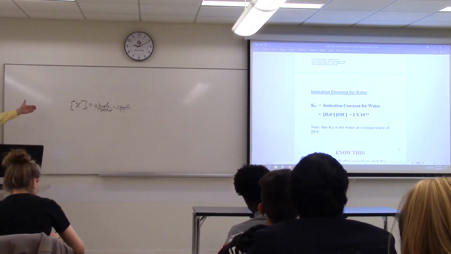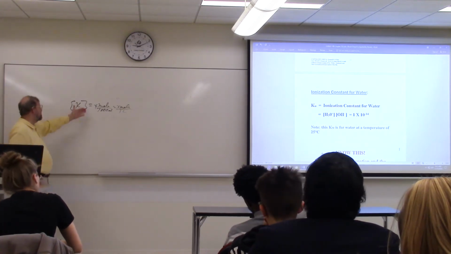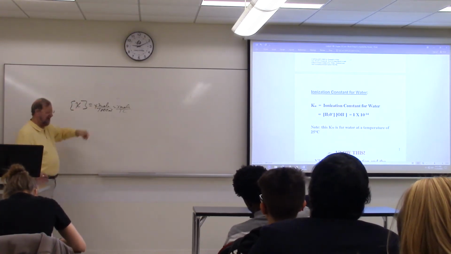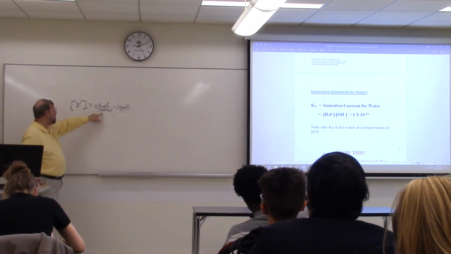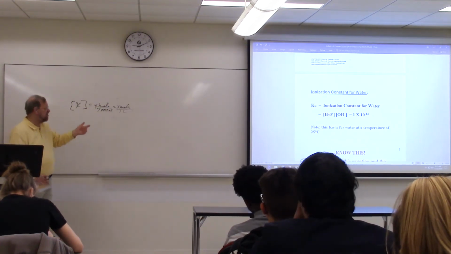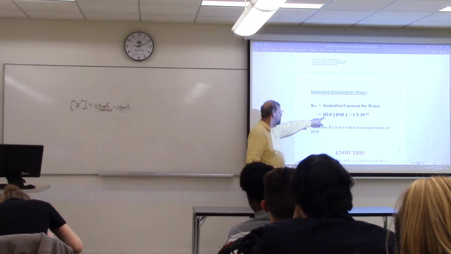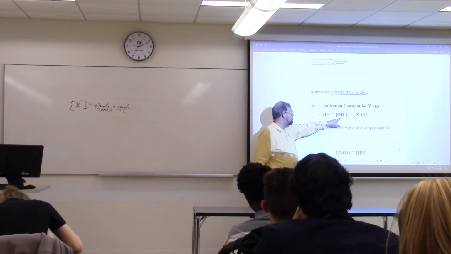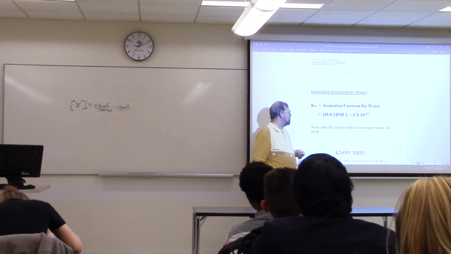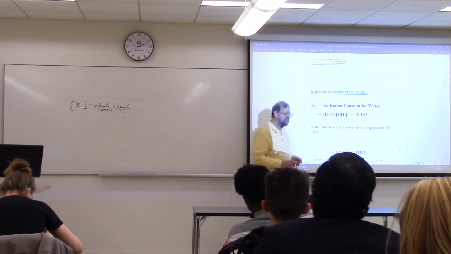In every case, it's moles of X per 1,000 milliliters, or 1 liter. So this tells you the hydronium ion concentration times the hydroxide concentration equals Kw, 1.0 times 10 to the minus 14.